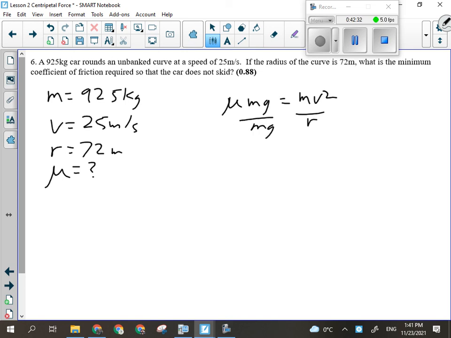Divide both sides by m times g. So we'll get g on the bottom, the m's will cancel, and we get that mu is v squared over r times g. That'll be 25 squared divided by 72 times 9.81, which should give us our 0.88 for our mu.